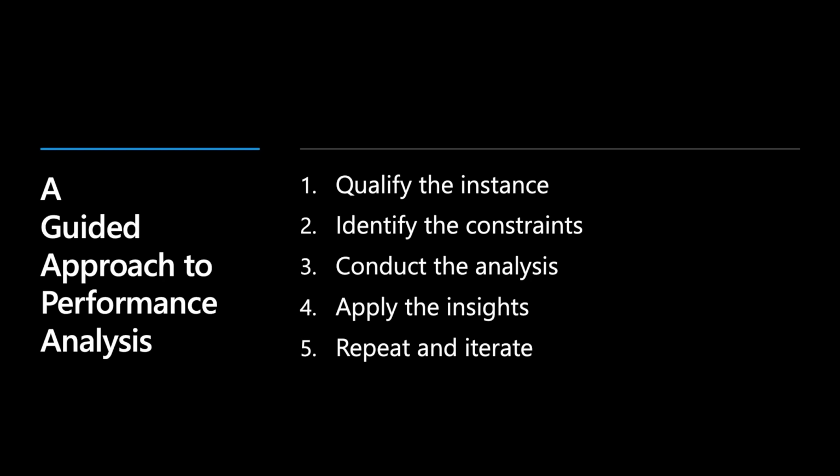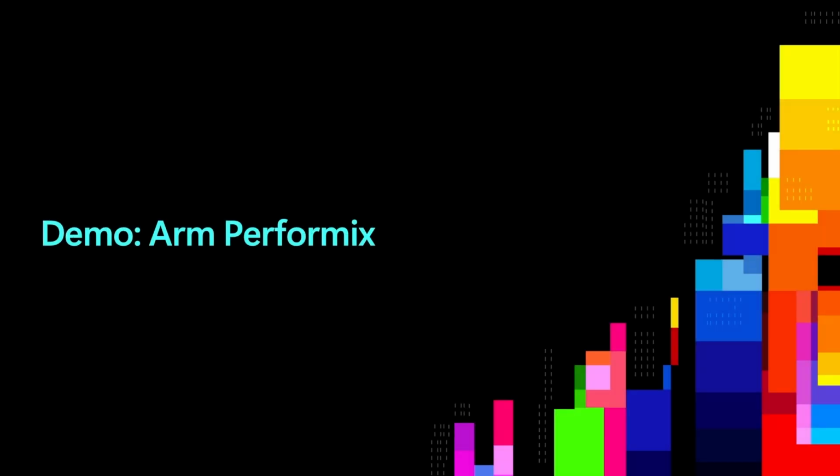Specifically, this means starting with an understanding of what the platform, in our case the Cobalt instance, is capable of. Then, understanding how this system behaves when the workload is applied. This will help dictate where analysis is best focused. We'll show you some examples of where we can go deeper with the analysis. So let's jump into the demo.